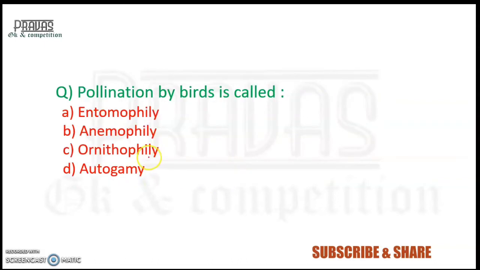The next question is, pollination by birds is called ornithophily. What is pollination? Remember, if this is a male flower and this is a female flower, in the male flower the pollen grains are present in the anther.